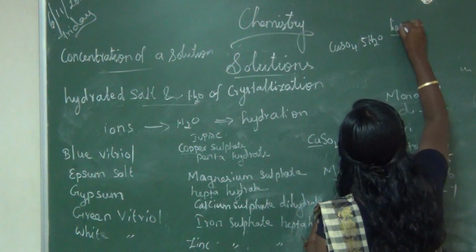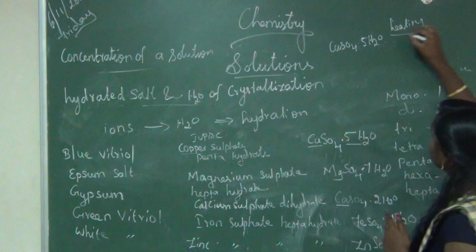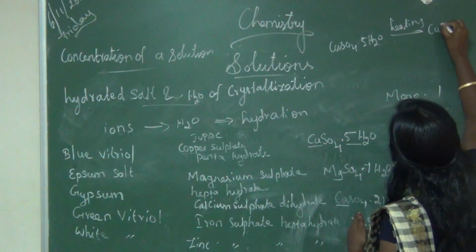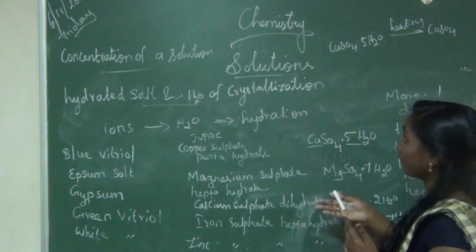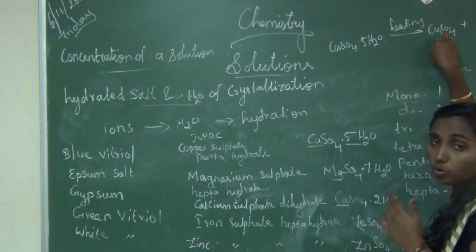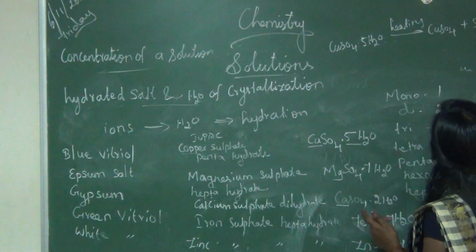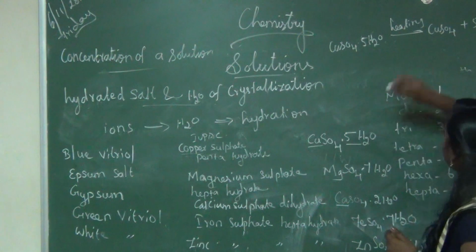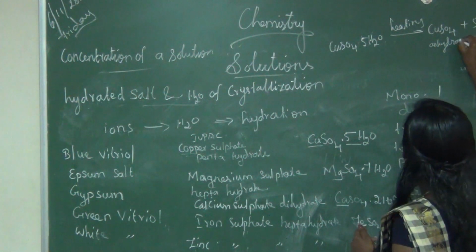On heating, it loses its water molecules, so it forms amorphous, that means powdered, copper sulfate. This powdered copper sulfate is white in color.